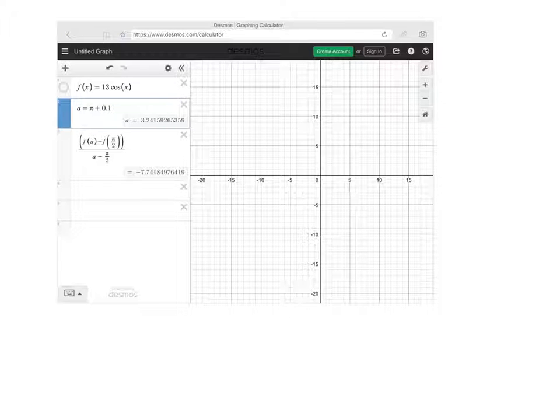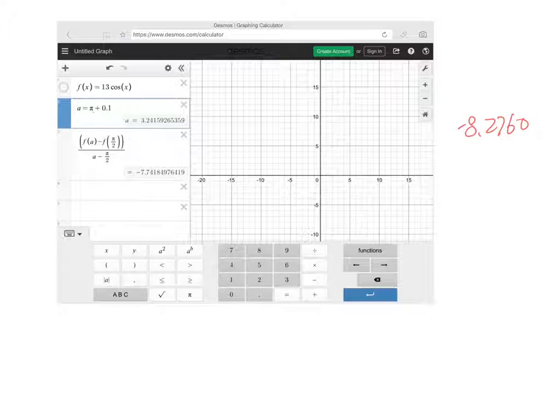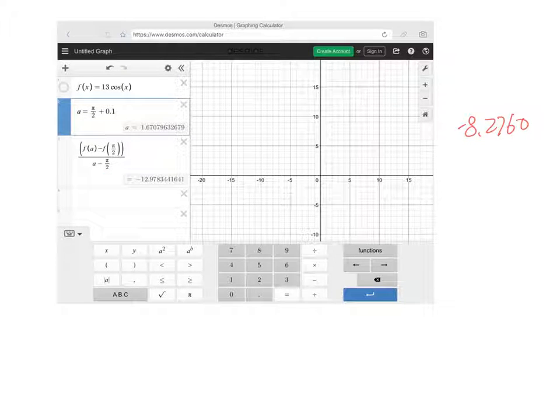Previously we have, say, negative 8.2760, right? Now when a is pi plus... I'm sorry, that's probably not right. The first one is pi. The second one actually is pi divided by 2 plus 0.1. And then I get to this.